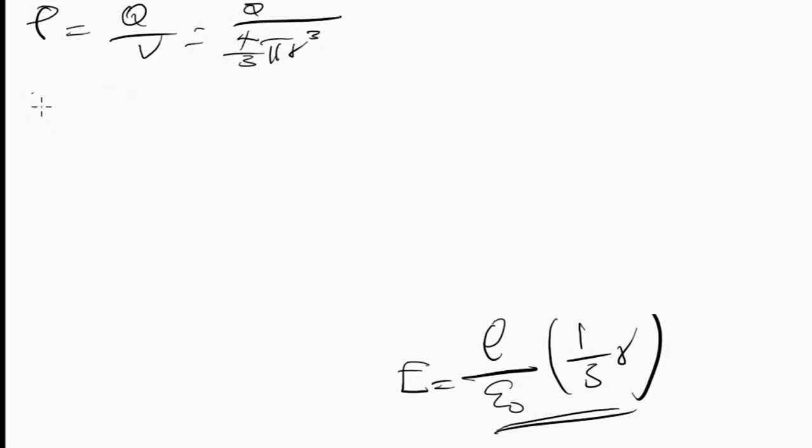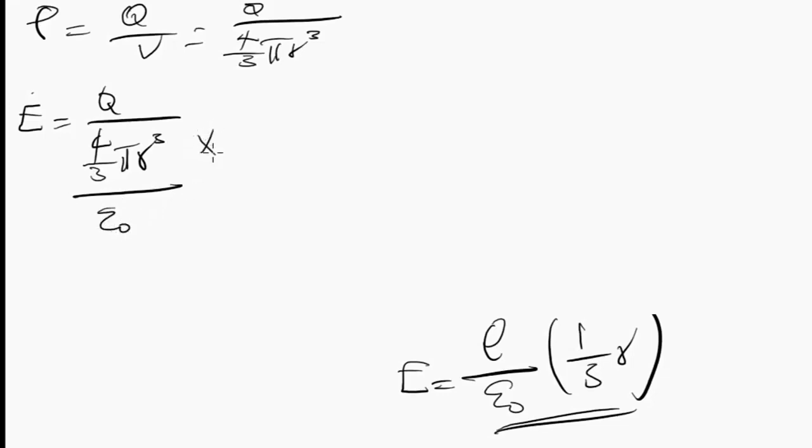Makes more sense this way. So I can replace rho by this, and then in this equation I should have something like Q over 4 over 3 pi r cubed, over E naught, times 1 over 3 r.